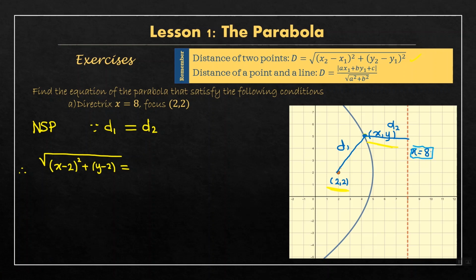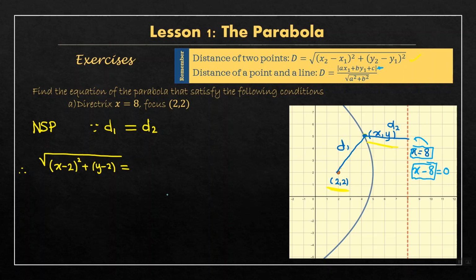However, when you write the equation of the directrix, just make sure that you make it equal to 0 first. You don't write it like this. You must transpose this here. So it's going to be x minus 8 is equal to 0. This equation of the line, write it in this place.